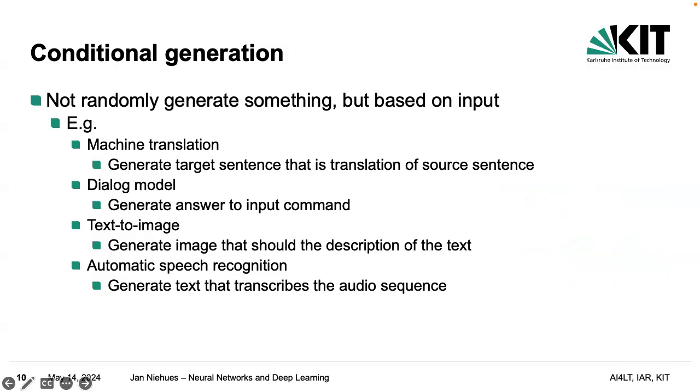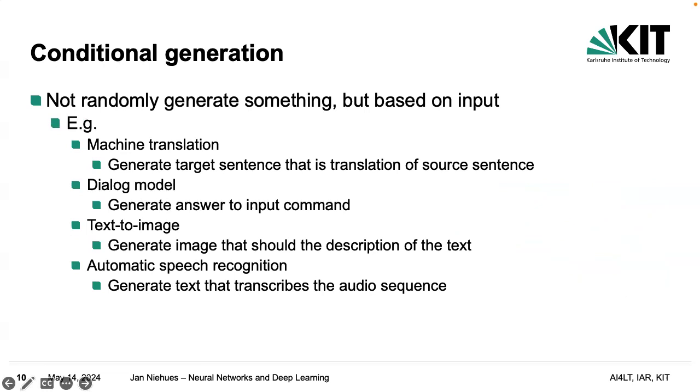In a dialogue model, it's not just generating an answer, but an answer which somehow matches the question you got. Or with text to image, generate an image that matches the described text. Or in automatic speech recognition, it shouldn't generate just any text, but text which is a transcript of what was in the audio before. So therefore, we don't need general generation, but we need conditional generation. We want to generate something based on some other information we had before.